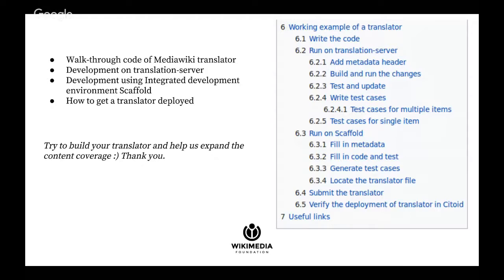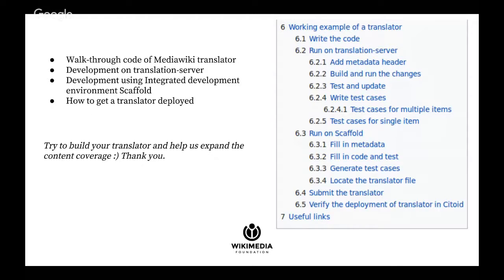The documentation for the first time has how to test, write and check the code on the translation server. Further, we have how these translators can be deployed and how to get them merged first in the Zotero community and then in the Wikimedia code mirror of Zotero.